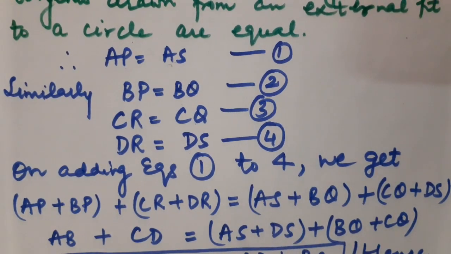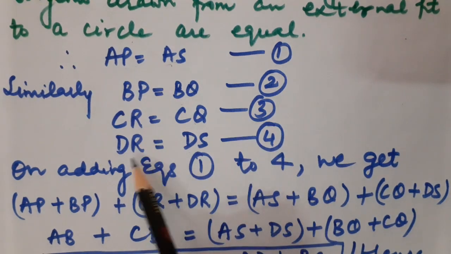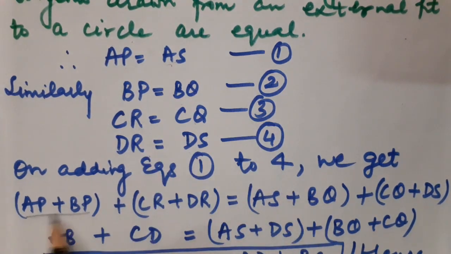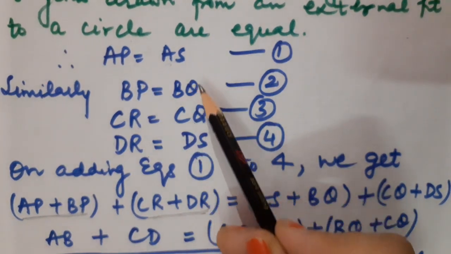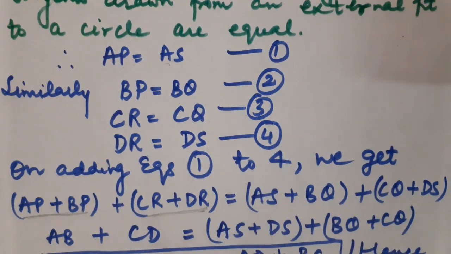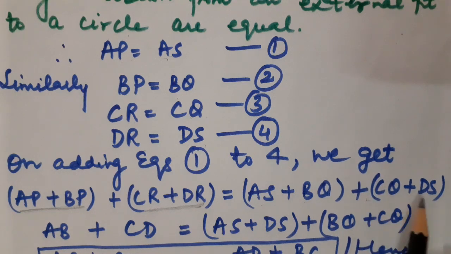While adding equations 1 to 4, we get AP plus BP plus CR plus DR. AP plus BP I have written in one bracket, CR plus DR I have written in another bracket. Now AS plus BQ plus CQ plus DS.